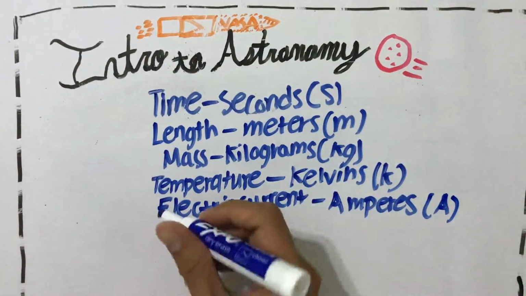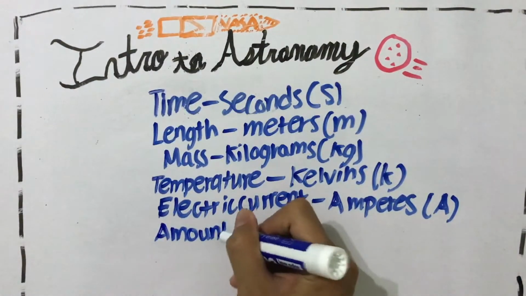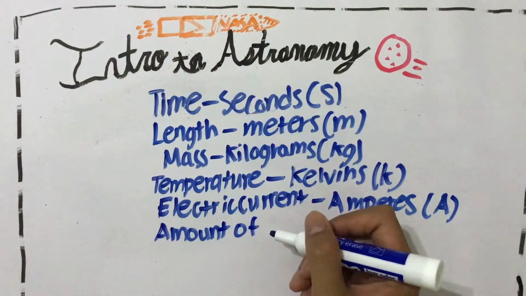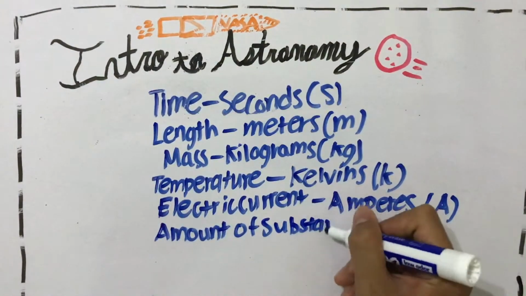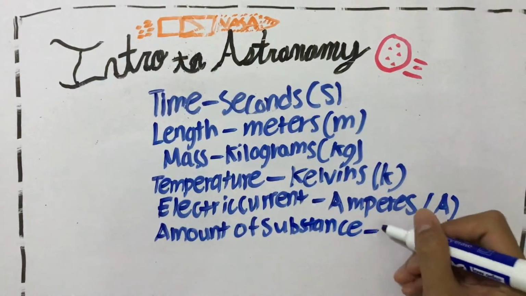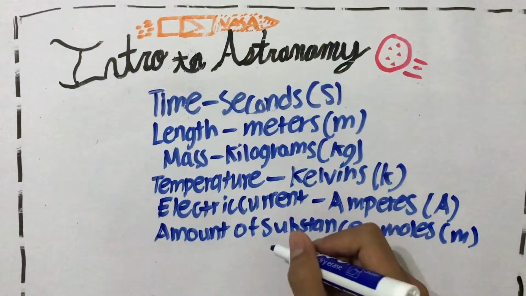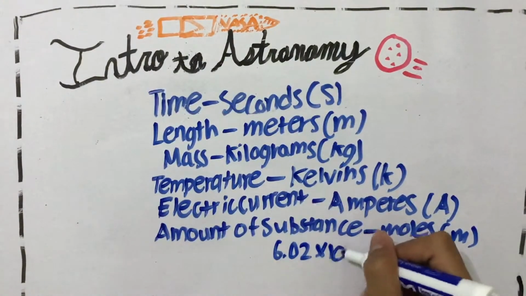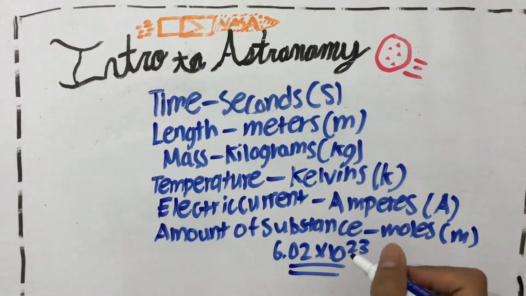Now we have amount of substance. If you've heard of Avogadro's number, we define this in moles, and there's a specific number for that. The amount of moles would just be in mol, and this would be 6.02 times 10 to the 23rd of the amount of substance that you have.